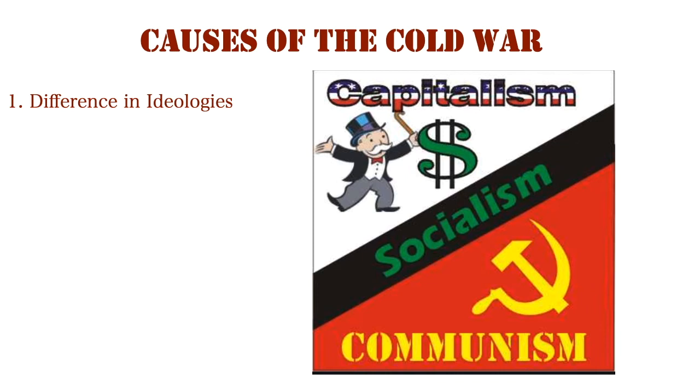In a capitalist economy, property and businesses are owned and controlled by individuals. So in simple words, the government's role is minimal in the case of a capitalist form of economy. Now, the USSR represented the ideology of socialism and communism. In a socialist economic model, the production of goods and services is either partially or fully regulated by the government.